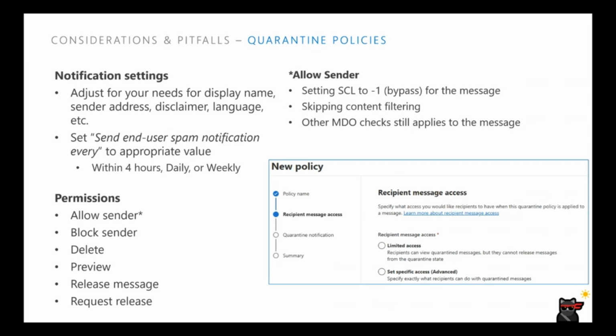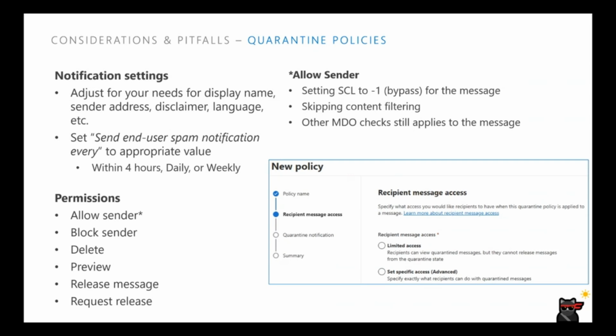And we have a lot of permissions as well for the quarantine policy, what the end user can do with the email that has landed in quarantine. So we have allow sender, block sender, delete the message, preview the message, release or request a release from the administrator.